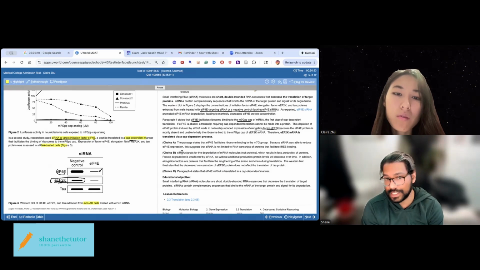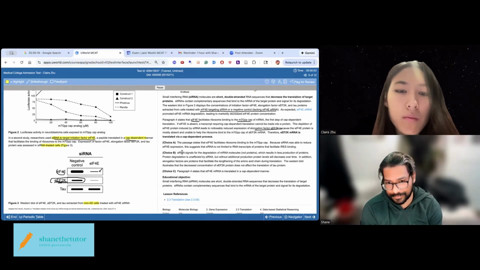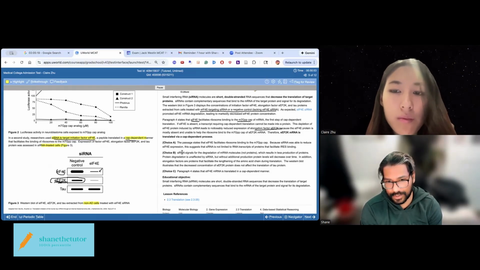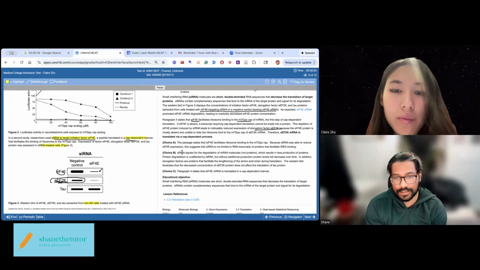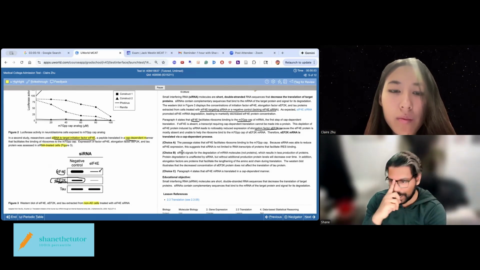So that means we could deduce that it will be cap dependent.